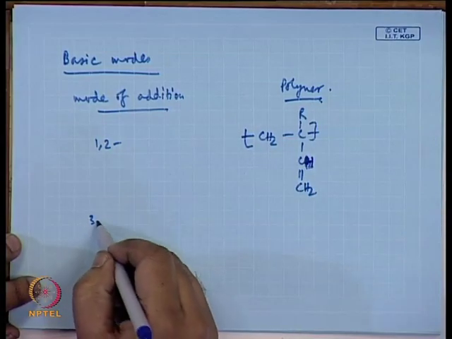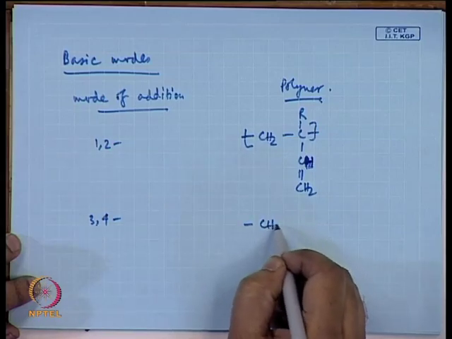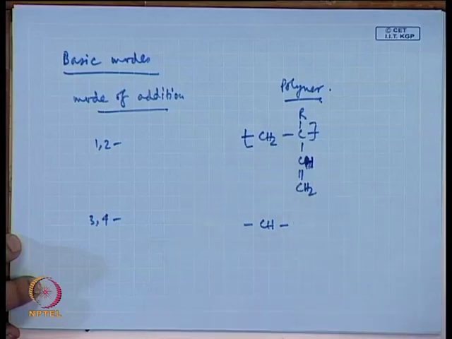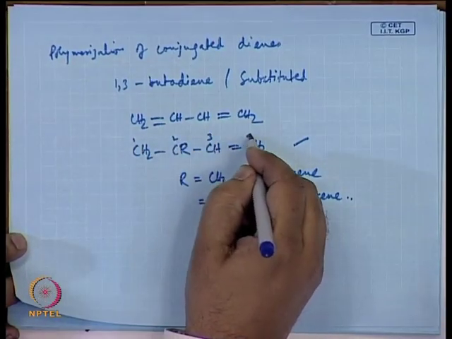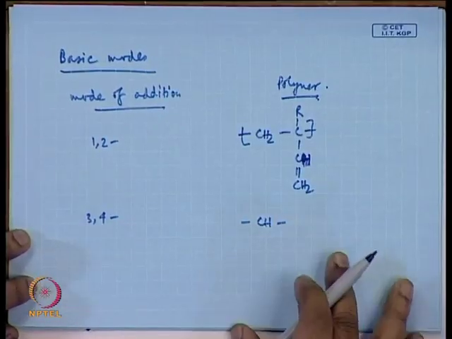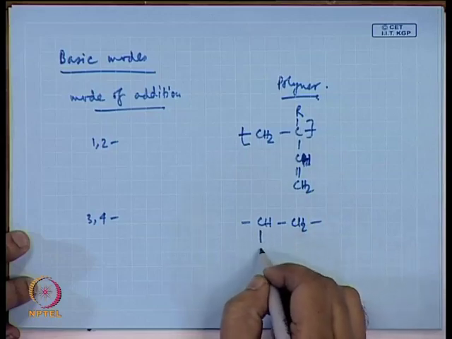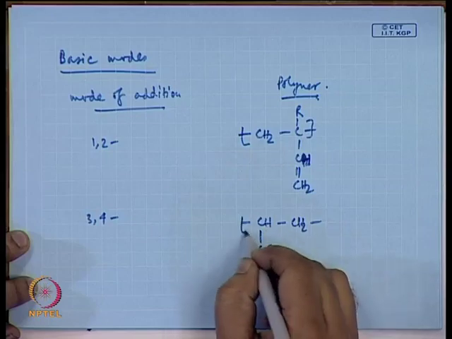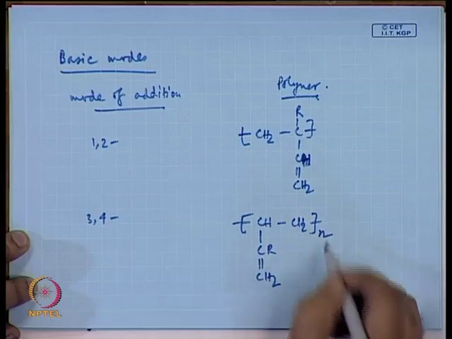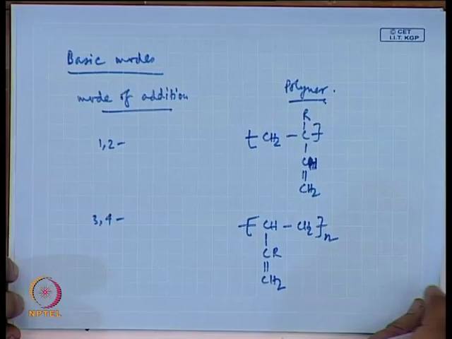If it is a 3,4 addition, you can recall the molecule: this is 1, this is 2, this is 3 and this is 4. So, if you have a 3,4 addition, then you will get a molecule like this. Now, there is another possibility of 1,4 addition.